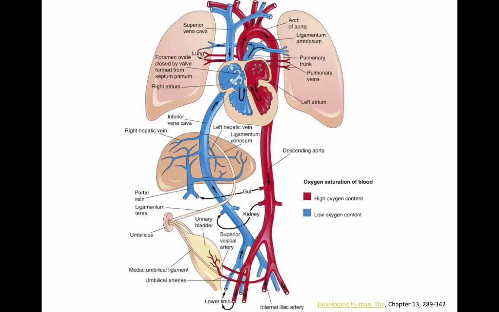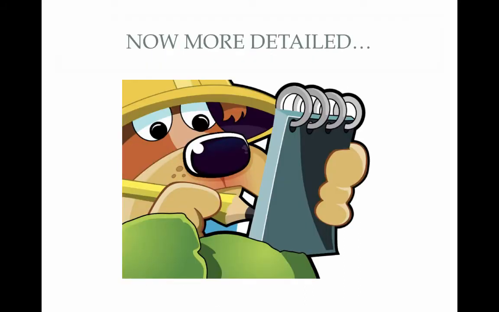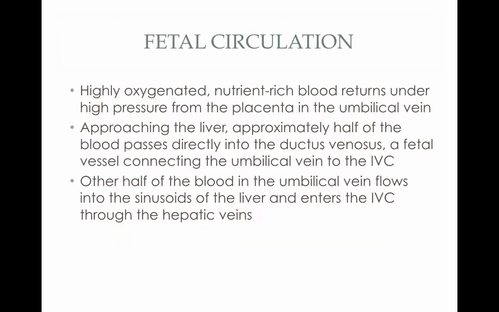So I'm just going to show you this quickly: the umbilical artery becomes the ligamentum venosum. The foramen ovale closes and becomes the fossa ovalis. And the ductus arteriosus becomes the ligamentum arteriosum. But that's after birth. All right, so let's get a little bit more detailed on fetal circulation.